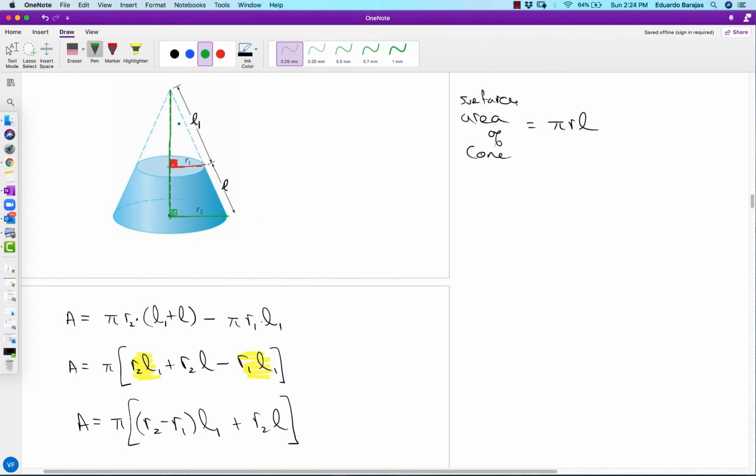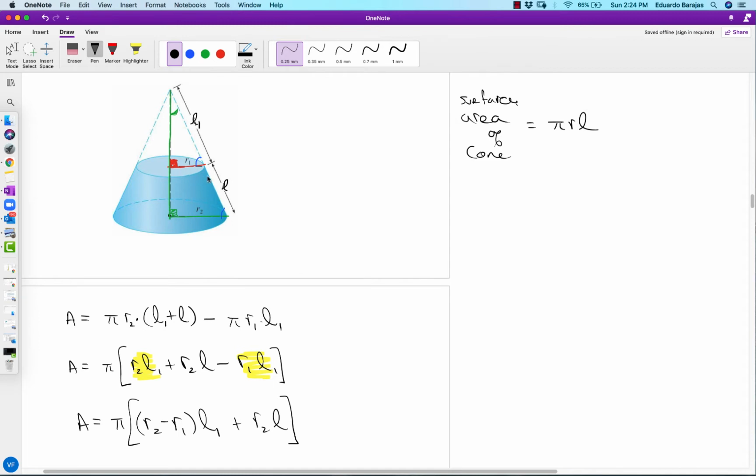Both triangles have the same corner up there, so they share that corner. Both triangles have a 90 degree angle. Therefore, we can conclude that the third angle must be the same for both of them. This angle must be the same as that angle. And so we have similar triangles.